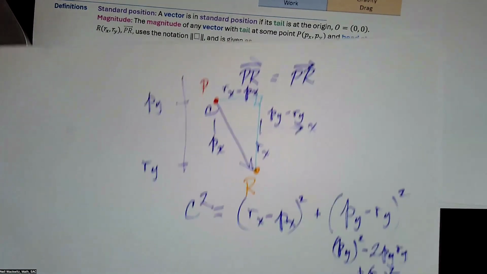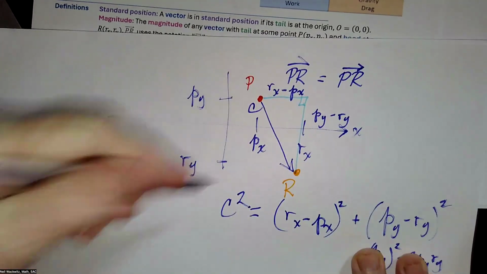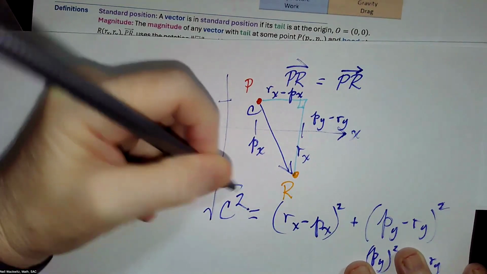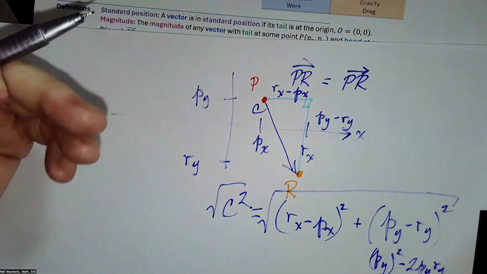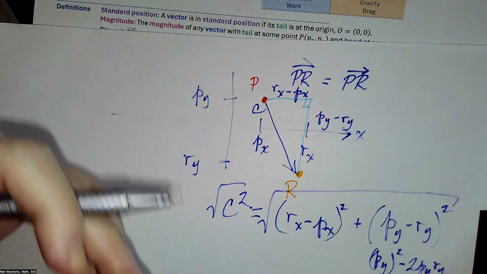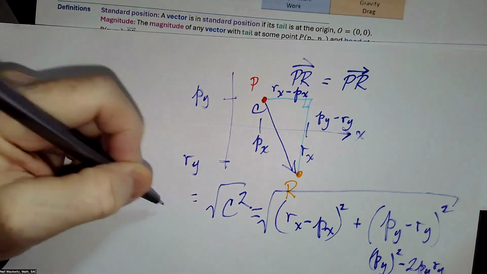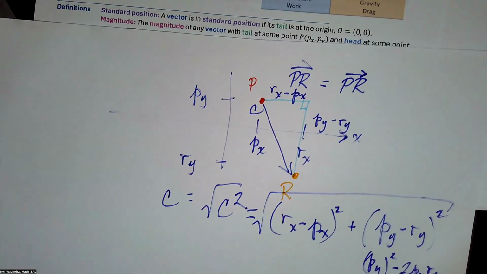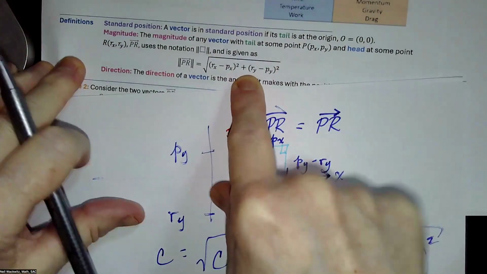So we'll get the same thing regardless of which is first and which is second. And then to find C, we just take the square root. This is a magnitude, a distance, so it's positive. And that's exactly how we get the magnitude formula.